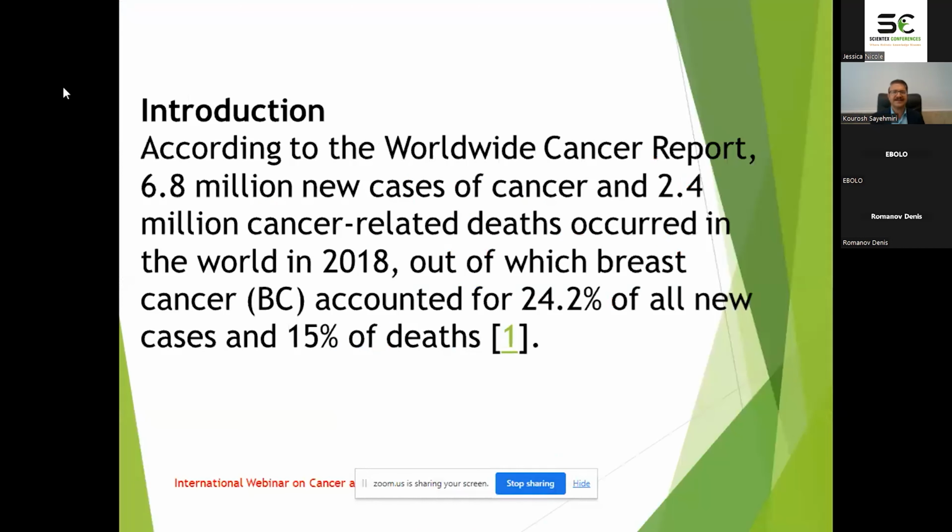According to worldwide cancer reports, 6.8 million new cases of cancer and 2.5 million cancer-related deaths occurred in the world in 2018. Breast cancer accounted for around 24.2% of all new cases and 15% of deaths.